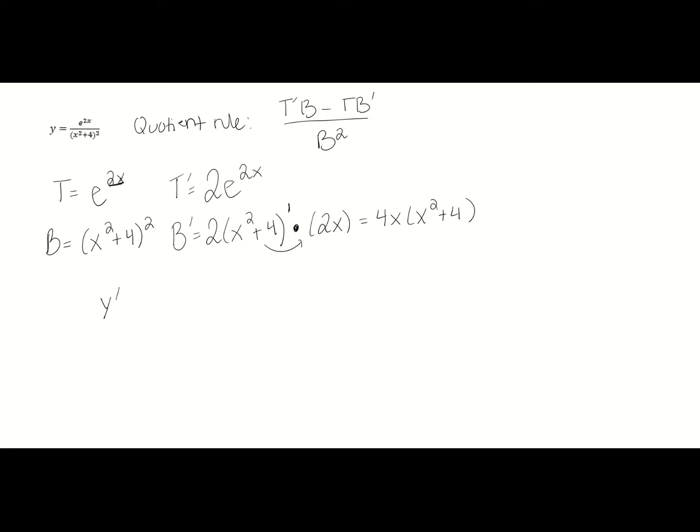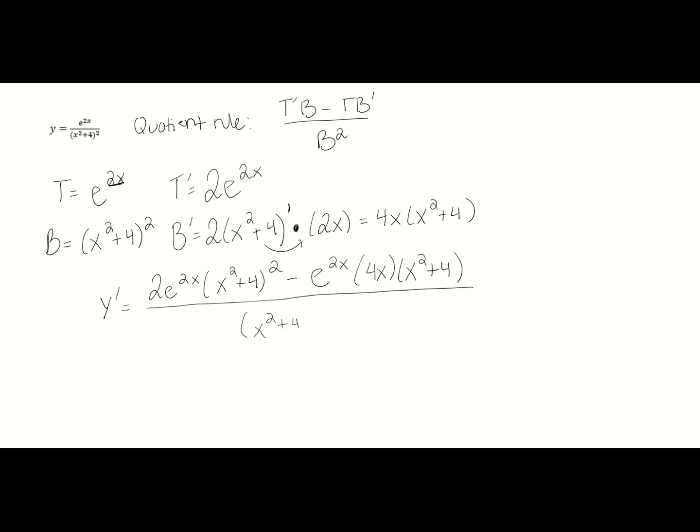So I'm going to have y prime is equal to 2e to the 2x times x squared plus 4 squared, minus e to the 2x times 4x times x squared plus 4, all over x squared plus 4 squared squared.